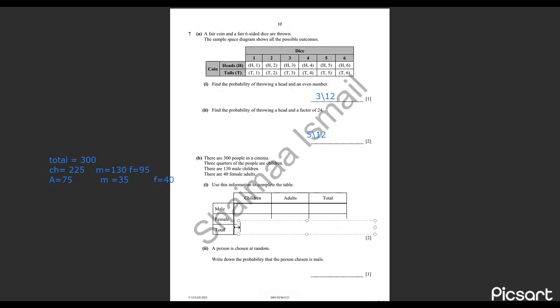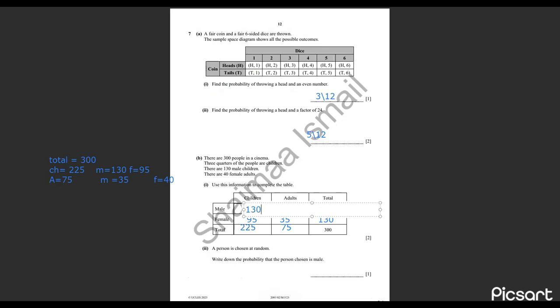Let's write the total of children first, which is 225, and the total of adults is 75, which gives us a total of 300. The female children is 95, and the female adults is 35, so the total of females is 95 plus 35, which gives us 130. And the male children is 130, which is already given.